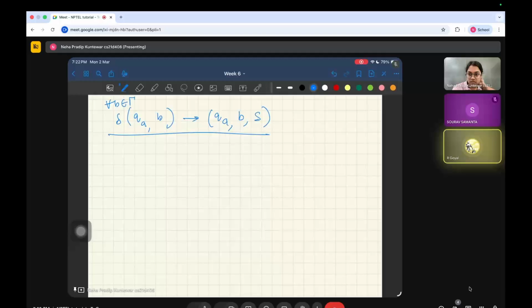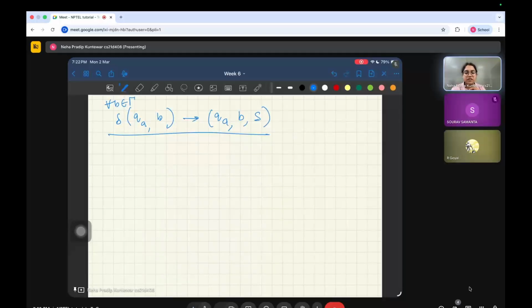So in the case of the Turing machine, it is not necessary to scan the entire string, and whenever I reach the accepting state, I will accept. Okay. So the easiest way to convert a finite automaton to the Turing machine would be that I keep on moving towards right. Exactly, yeah. Oh, I see.